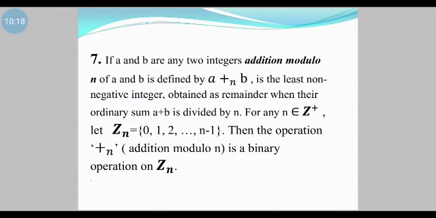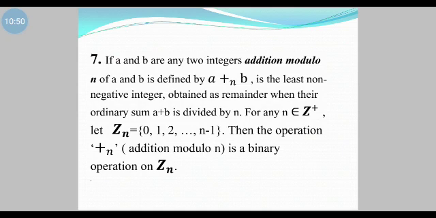For example, for any n belonging to Z plus, let Zn be the set 0, 1, 2, up to n minus 1. That is, n elements are contained in this set. Then the operation plus modulo n is a binary operation on Zn. For example, if we consider Z3, then n is equal to 3. There are 3 elements and the set includes the elements 0, 1, 2.